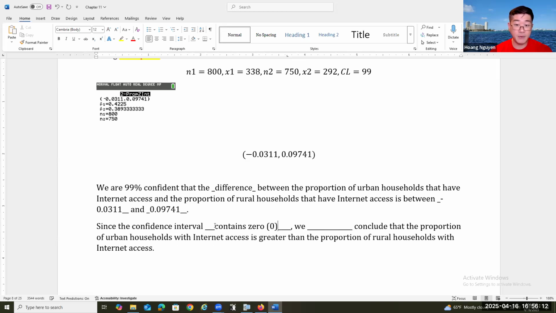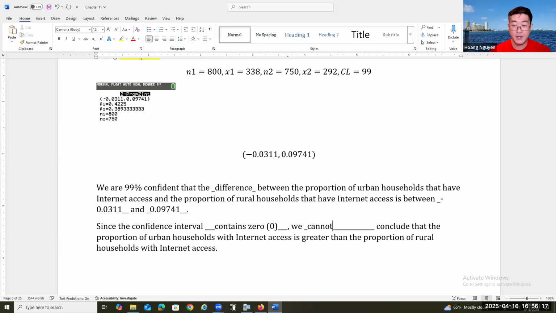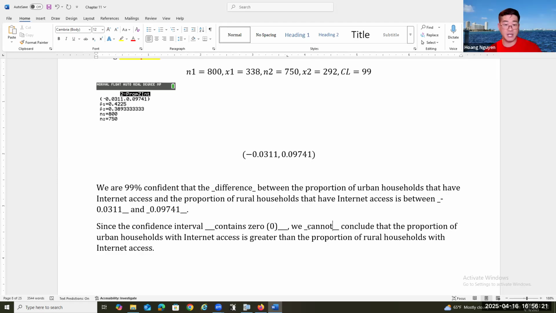because there is a 0 in this confidence interval, you cannot conclude that the proportion of urban households that have internet access is greater than the proportion of rural households that have internet access. Once again, because this confidence interval contains a 0, there is a possibility that the two population proportions are equal.